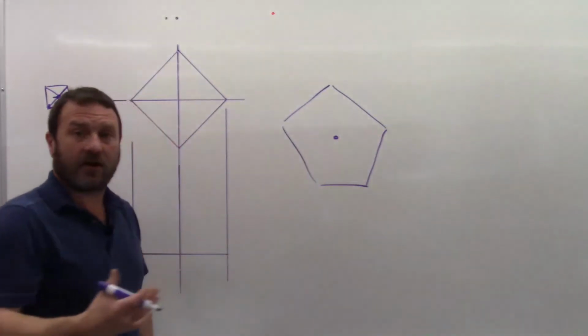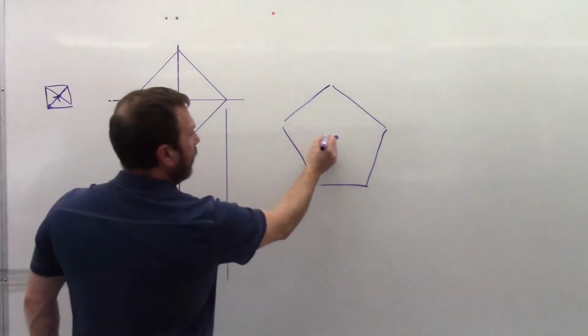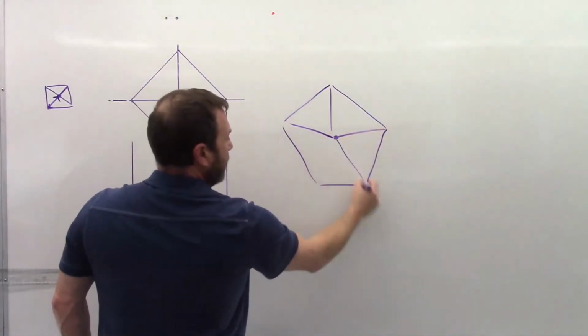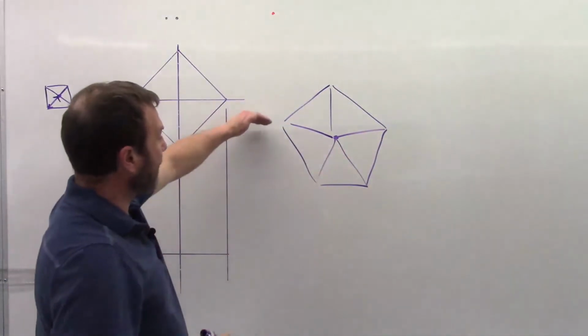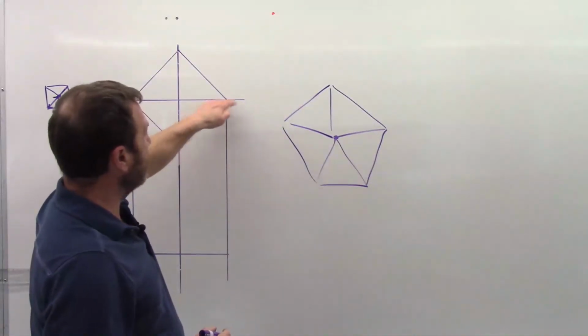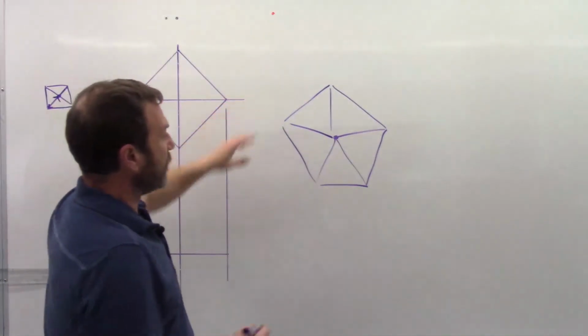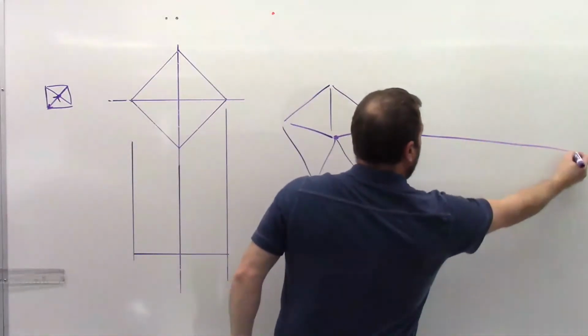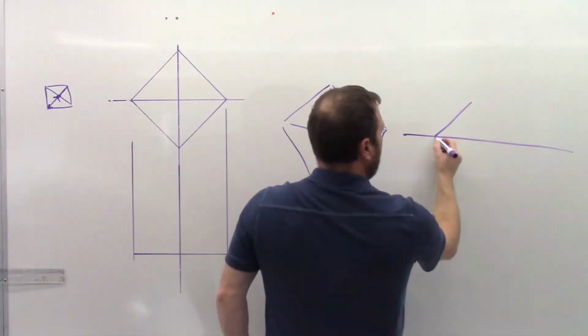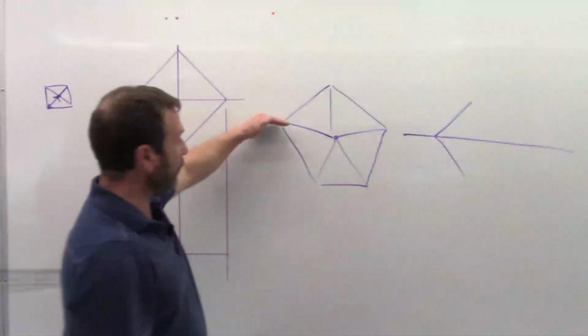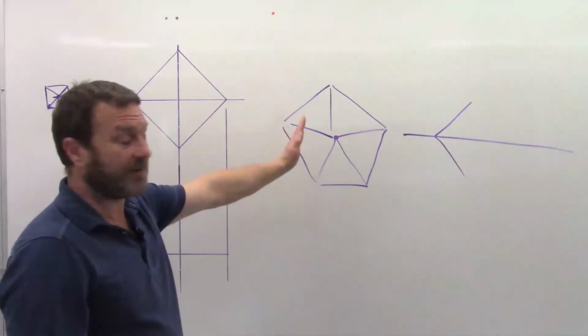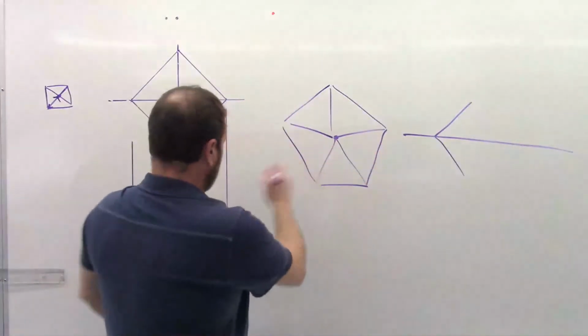We could do a pentagon with radial line. All of these points come out. Remember, it doesn't matter the shape of the base, but what does matter is one of these points is 90 degrees at the x-axis. So we'd actually need to rotate the pentagon so that one point, and it would only be one side would be flat because this side would rotate up.